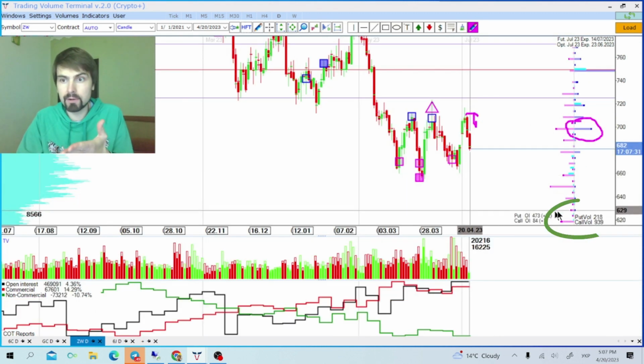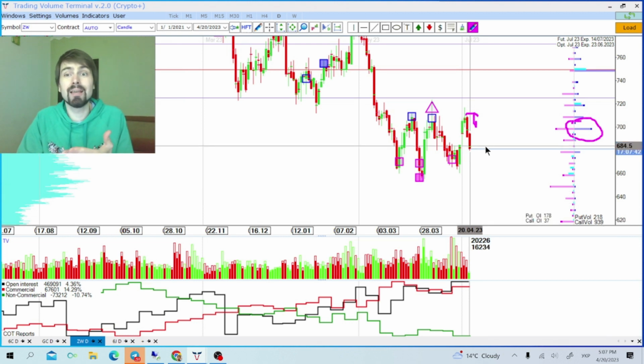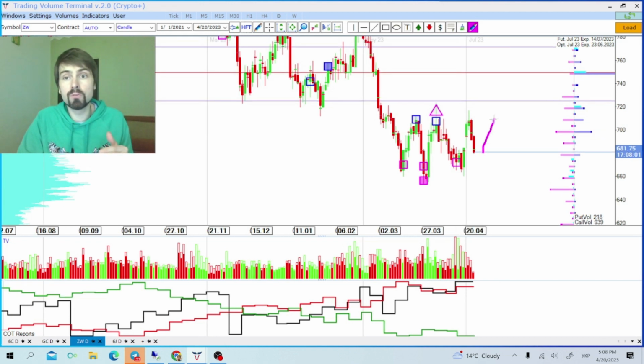At the same time here in wheat, we see that call options are bought 5 times more than put options. So traders have very strong expectations that wheat will go to the upside from here. The expectations don't tell us that it will really go, but it is the real sentiment.